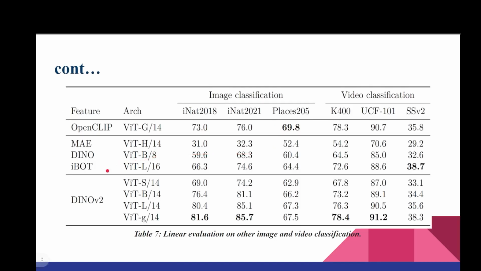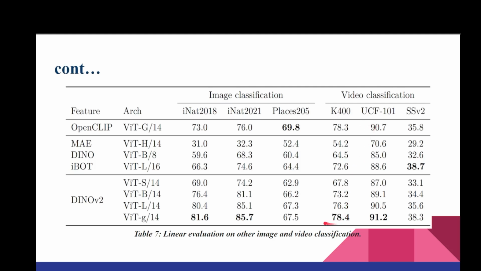Now these are some other results on image and video classification. On image classification, OpenClip, MAE, Dino, and iBot are compared with DINOv2 with various ViT architectures, and for video classification, different datasets are used to compare the results using the same linear evaluation method.